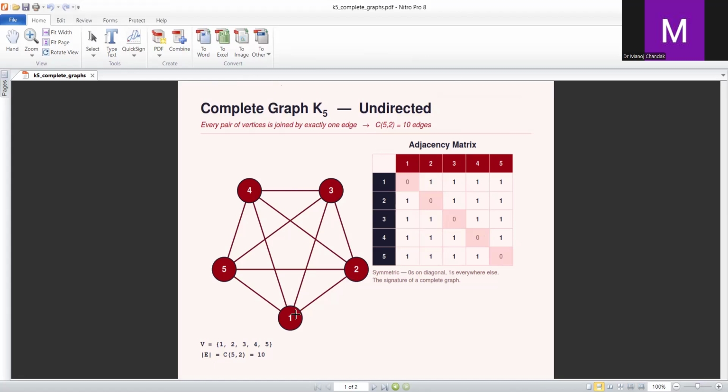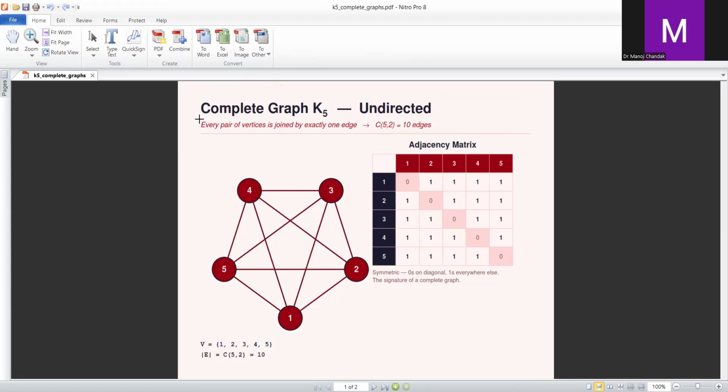So you don't have to store 2 comma 1 if you have already stored 1 comma 2. Hence, all these entries either in the upper triangular or in the lower triangular will be 0. If I take upper triangular, then the lower triangular will be 0. So if I have n equal to 5, then I have 10 edges here.